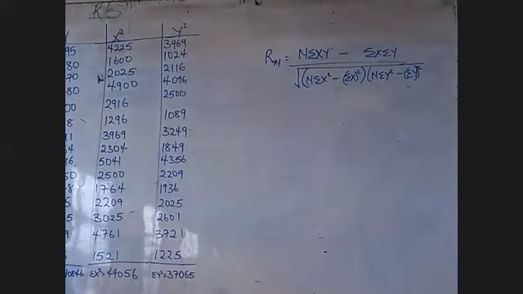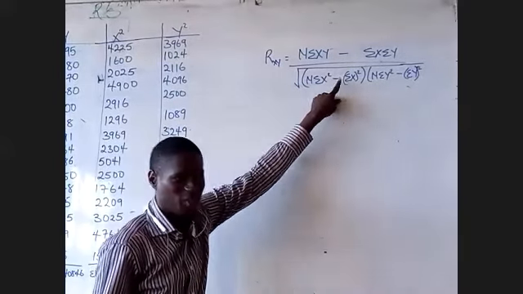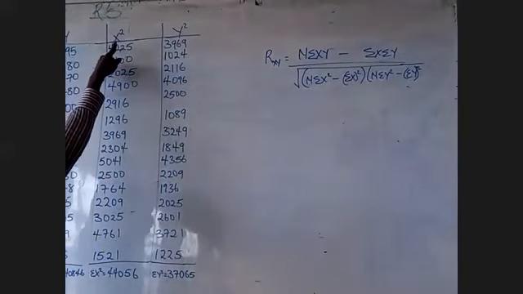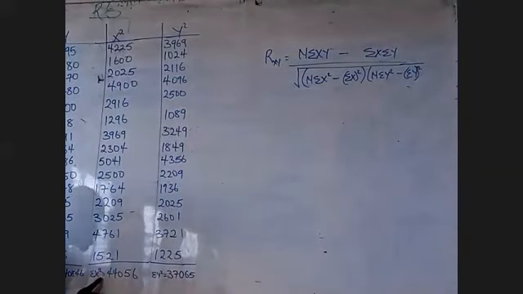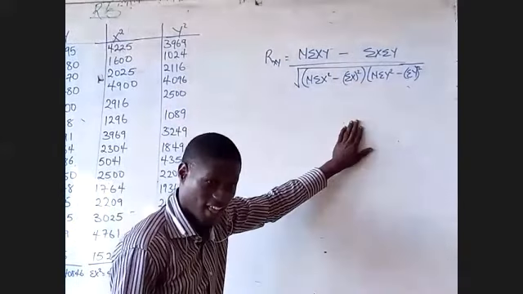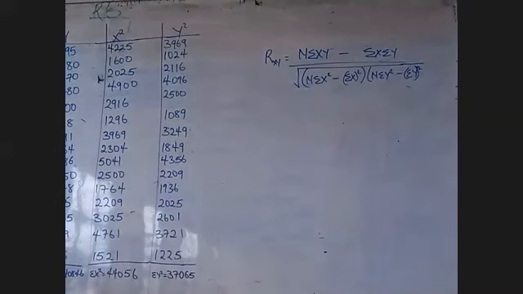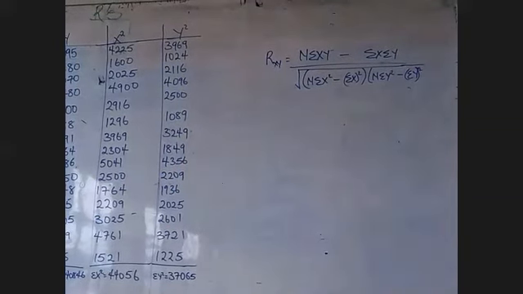This is x squared. Where is the summation? This is summation x all squared. So where is summation x? This is summation x. Then you now square it. So that's different.